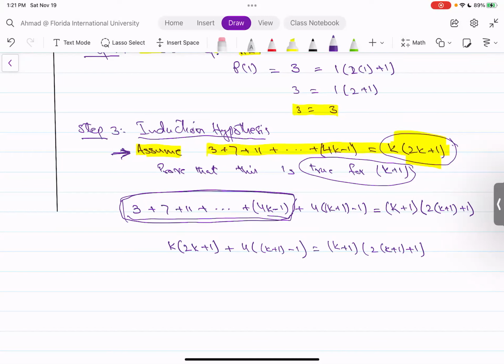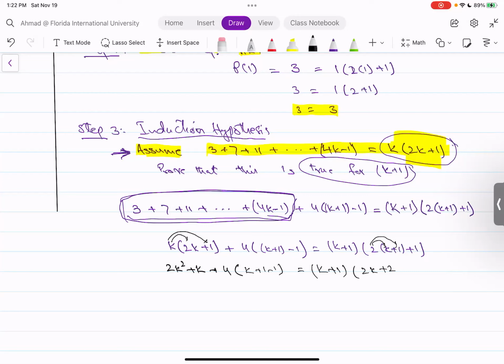Let's say, for example, I multiply this k with the inner term, so it is going to be 2k square plus k. And on the left hand side, 4 times k plus 1 minus 1. On the right hand side, it is going to be k plus 1 into 2k plus 2 plus 1, multiplying 2 with the inner terms.